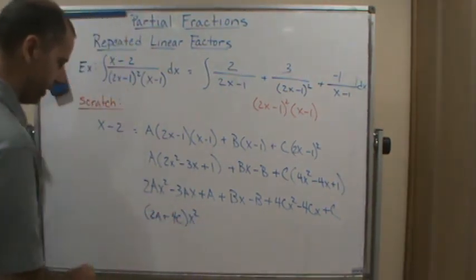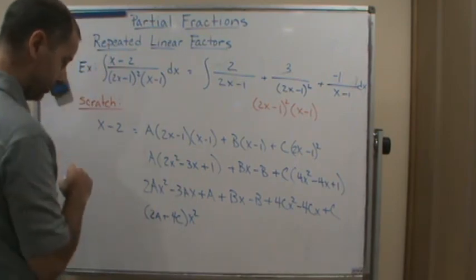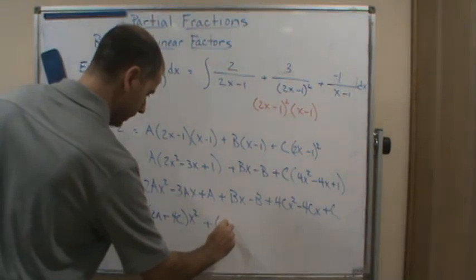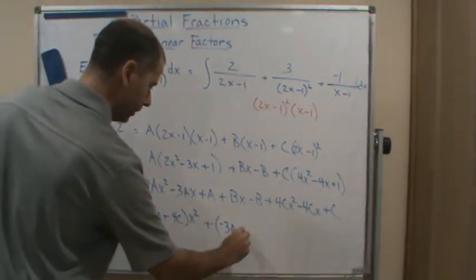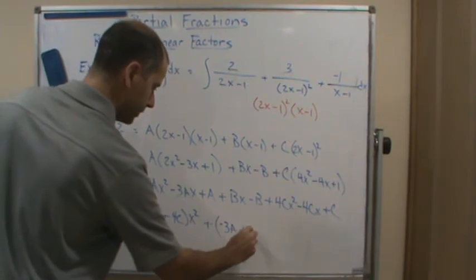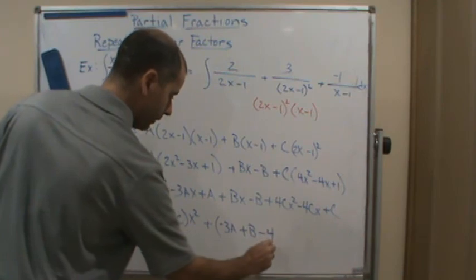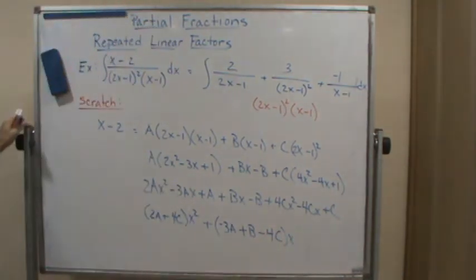So this will give me negative 3a plus b minus 4c times x.